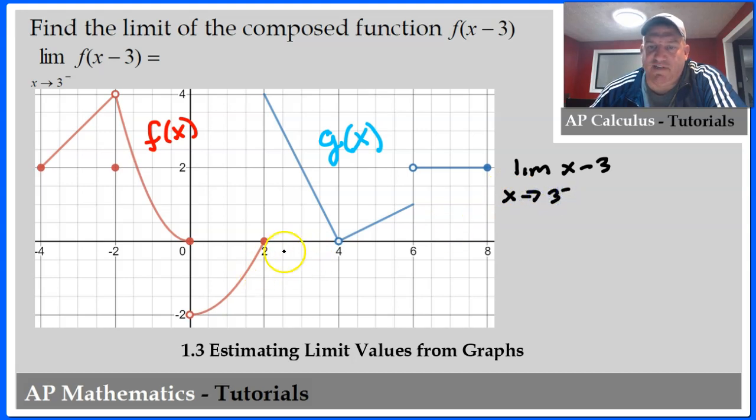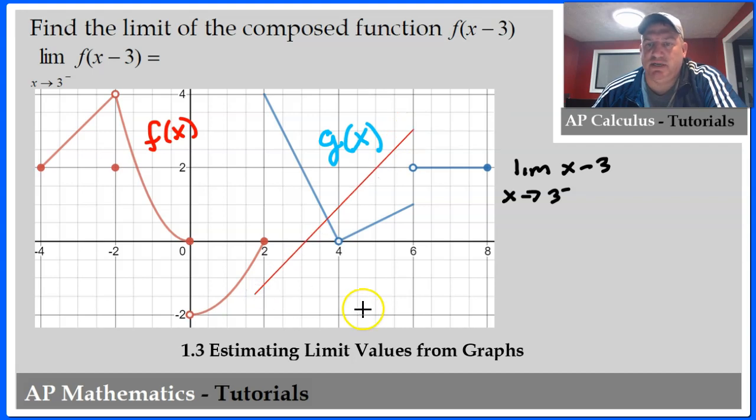We don't have this graph, but we can quickly put it in. Say we have x minus 3, which would pass through 3 comma 0, and it would also pass through 6 comma 3. So here's a picture of our graph.